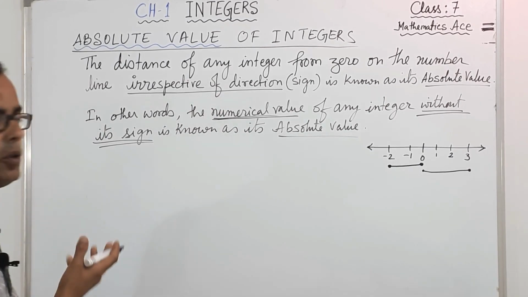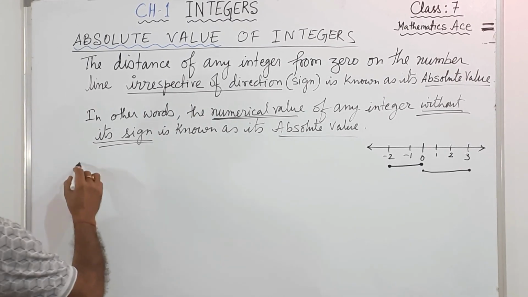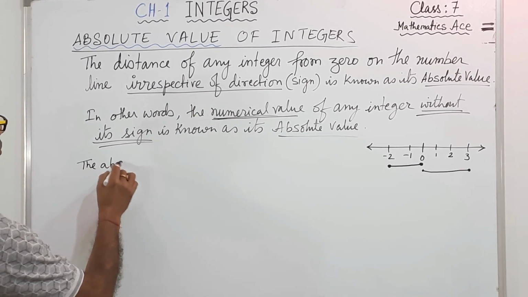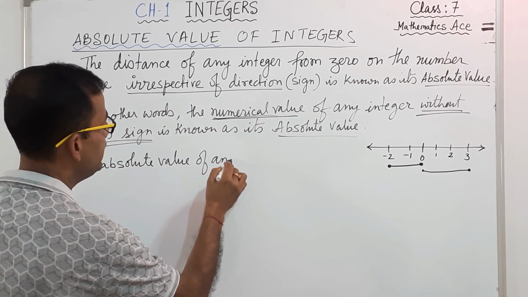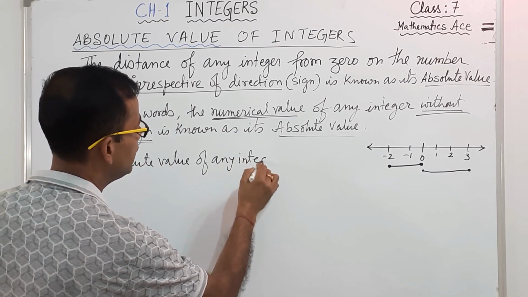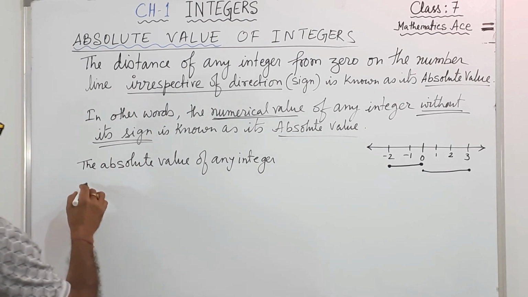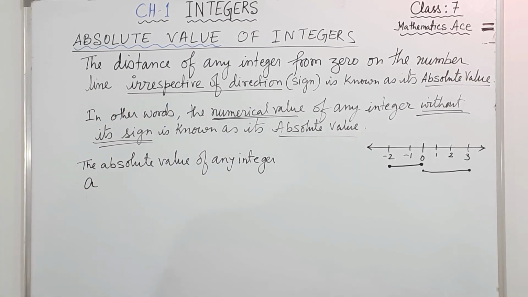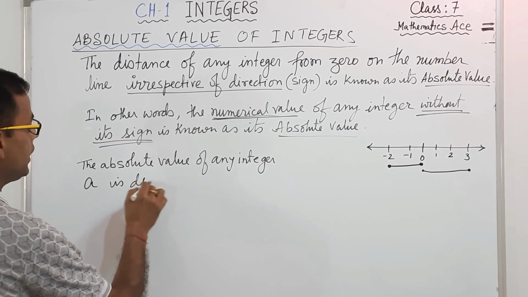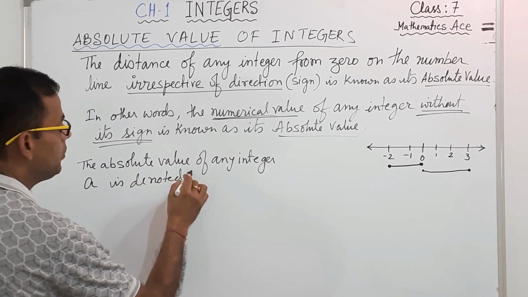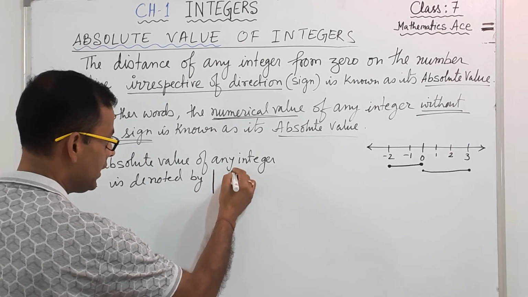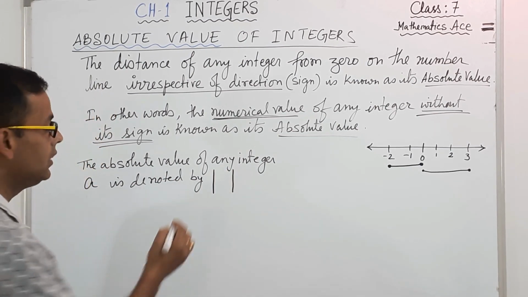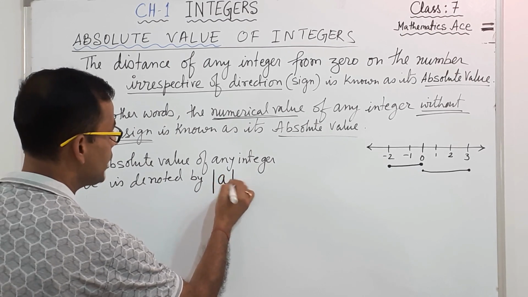Now if I give you an example, it will be clearer. The absolute value of any integer a is denoted by, if you want to find the absolute value of the integer a, you have to make two standing bars, and inside you have to write that integer.